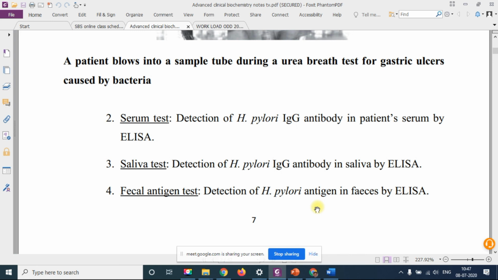The sample is loaded now. If H. pylori particles, the bacteria, are present, they will bind to the antibody.